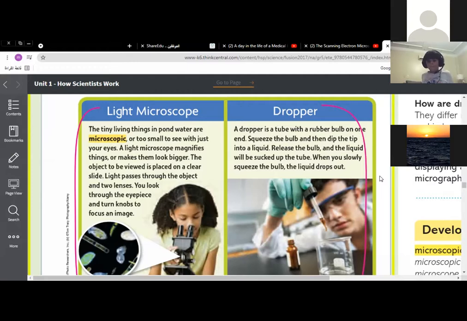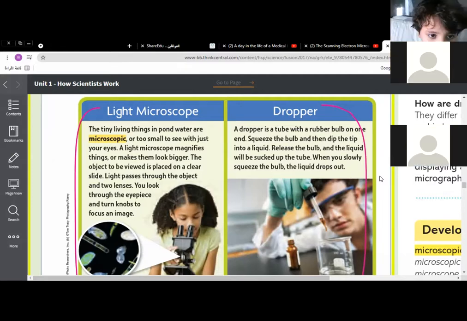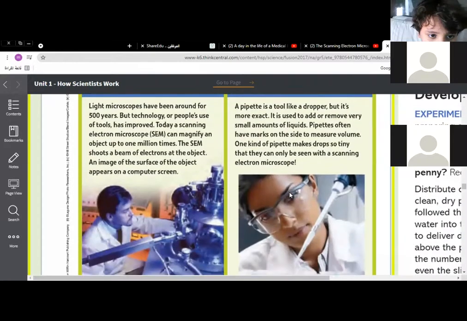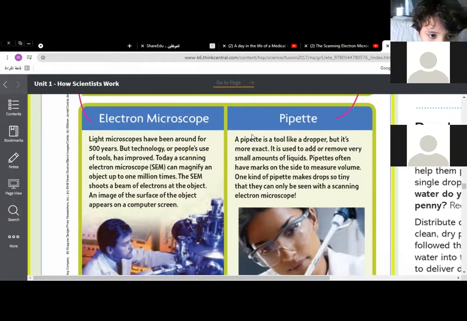The last thing here. Talal Ghamdi, can you read what is pipette? Yes, mister. Pipette. A pipette is a tool like a dropper, but it's more exact.